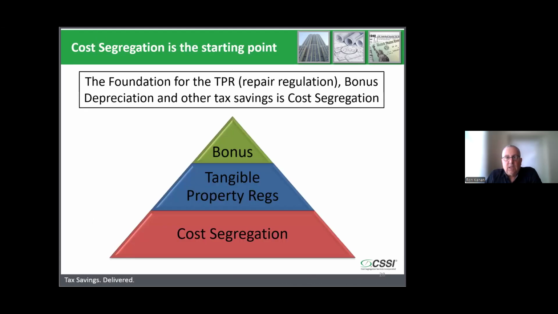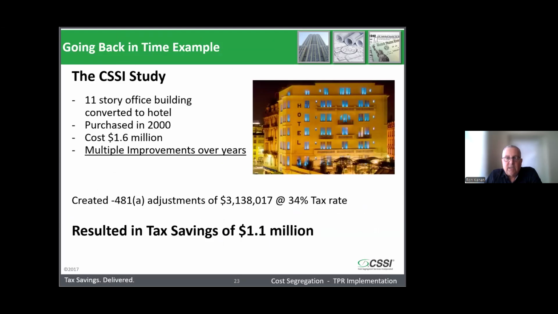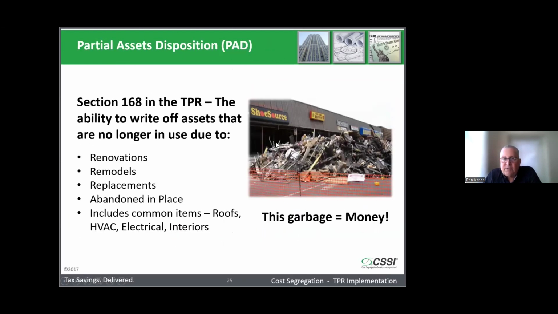So let me see. Oh, here is another interesting example of what you can save by doing cost segregation. So this is called partial asset disposition. And basically it shows you how you can make money from garbage. So you may have seen properties like this when you come in and you take everything, you throw away whatever is in the property, and it goes to the dumpster, and it's just garbage.